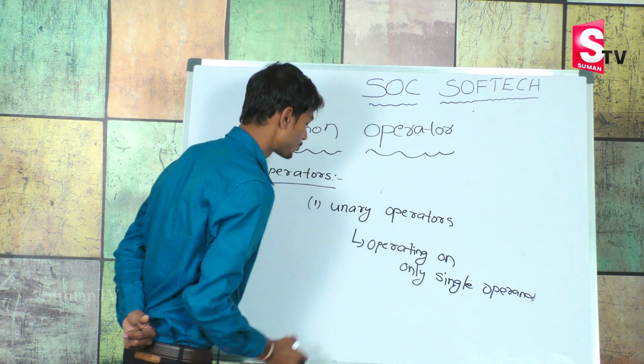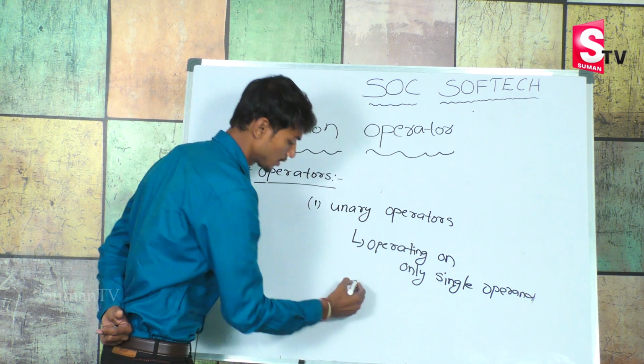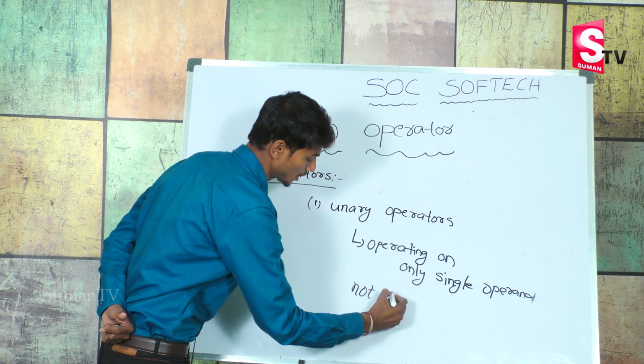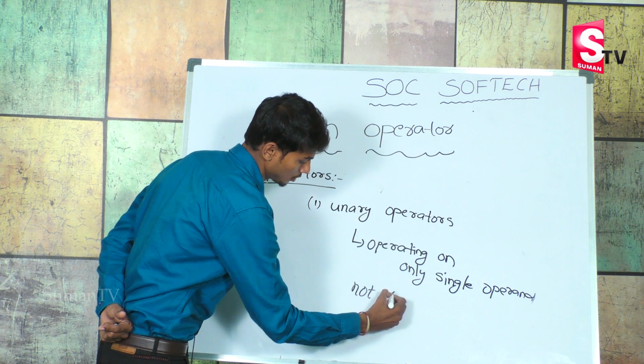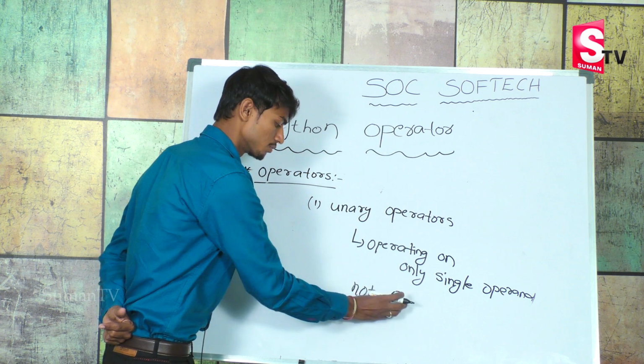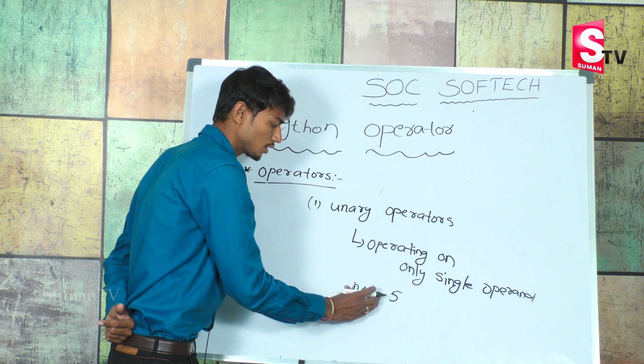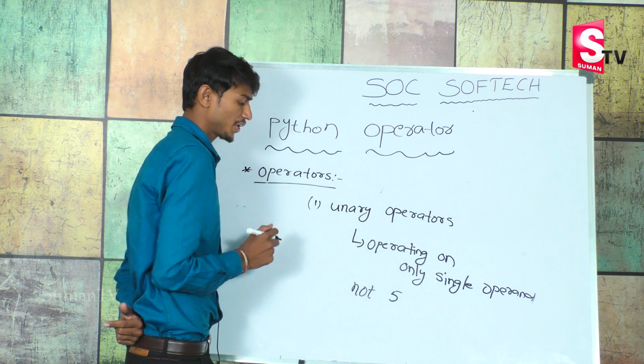For example, we have the NOT operator. This is an operator which operates on only a single operand. For example, 5 is one operand, and the NOT operator operates on this single operand. Such kinds of operators we call unary operators.